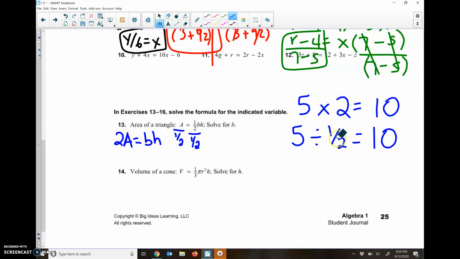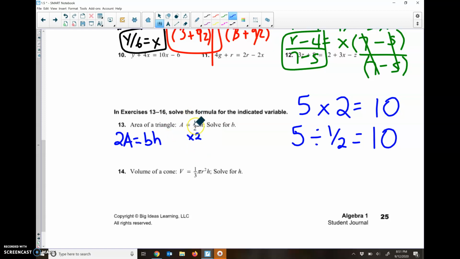Division is how many times does this half go into 5? If I had 50 cents, how many 50 cents would I need to make $5? 50 cents, then $1, $1.50, $2, $2.50, $3, $3.50, $4, $4.50, and $5. It took 10 50-cent pieces to get a half into 5. So it's the same thing here.